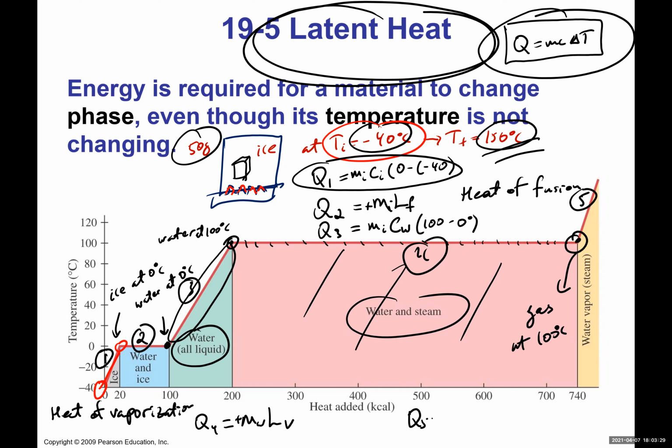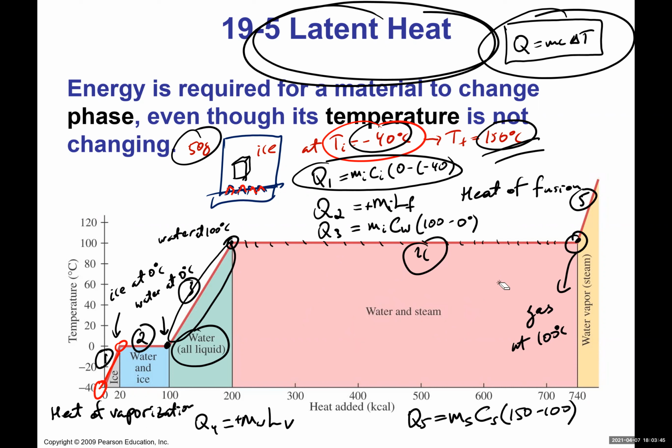This will be Q5, for stage 5: the mass of steam times the specific heat of steam, times 150 minus 100. This gives you the amount of energy needed to get to this point, 150 degrees, which is our final desired temperature.